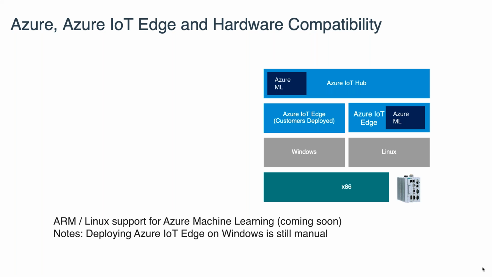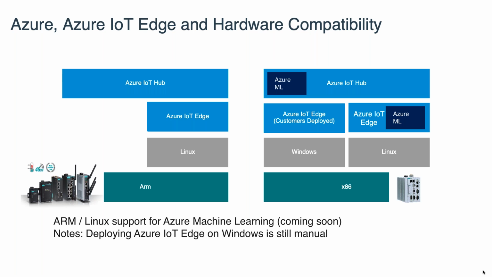What we've also seen is that customers may have a Windows host, and then they can run a Linux VM on that Windows host to run these machine learning models. But we're hearing the feedback for Windows, and we're working to support Windows as another deployment platform for our machine learning models.